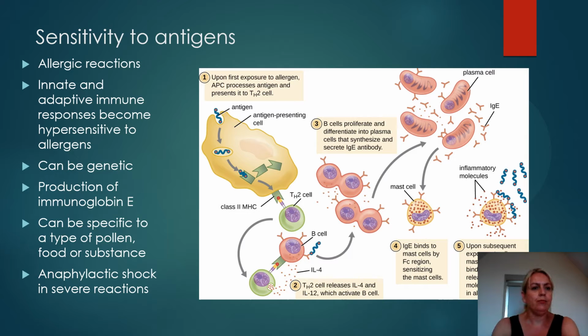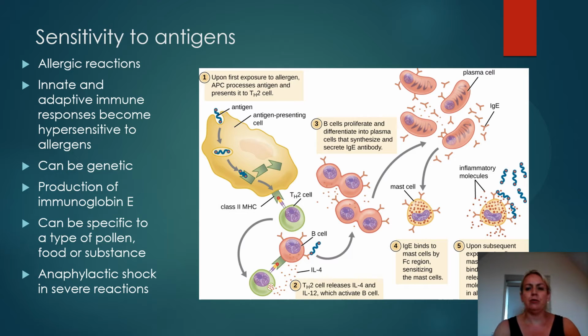It can be brought on by dust, food or other substances, perhaps pollen from the trees or particular flowers. The body releases immunoglobulins, so it's fighting off this foreign body that it thinks is a pathogen in your system.